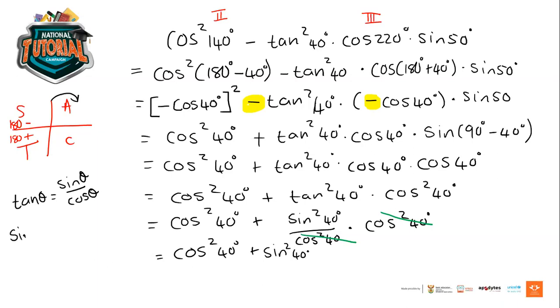If you remember, sine squared of an angle plus cos squared of an angle is always equal to 1. So now it's irrelevant that my angle is 40 degrees. I know that if I add cos squared and sine squared together, if the angle is the same, I end up with 1 as my answer. So this whole long thing with a whole bunch of different angles has reduced to a single value. It's just equal to 1.